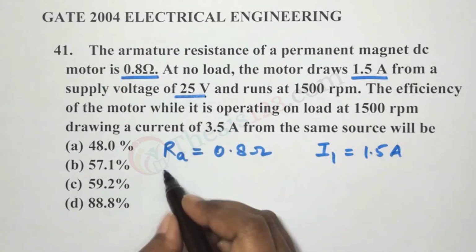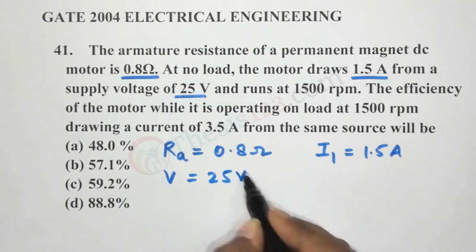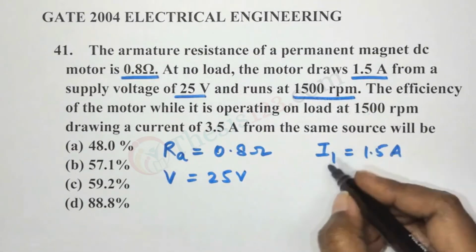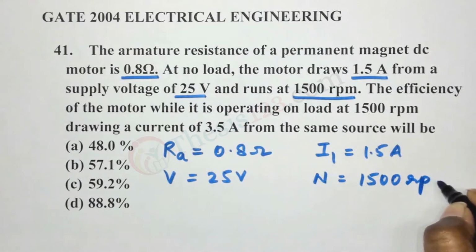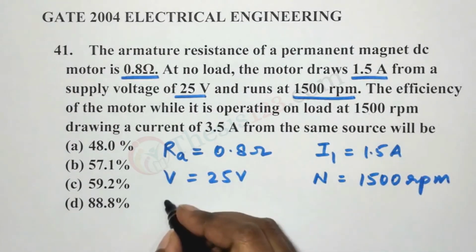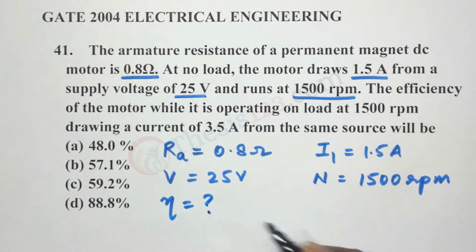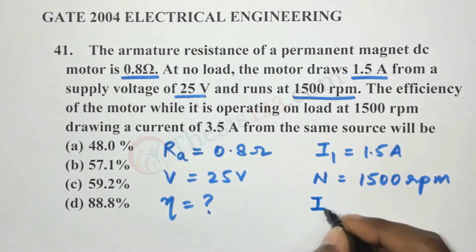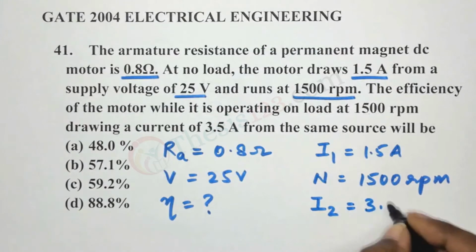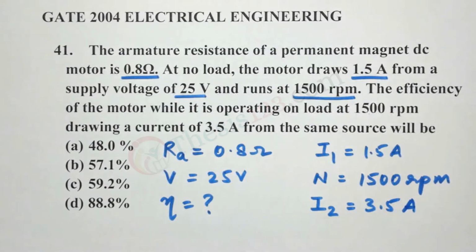Supply voltage is given as V equals 25 volts and it runs at speed 1500 rpm. The efficiency of the motor needs to be found when the current drawn is 3.5. So let's call this I2, 3.5 amps.